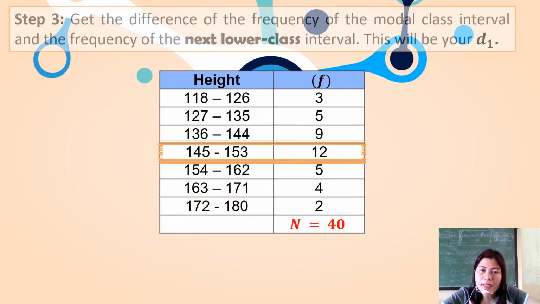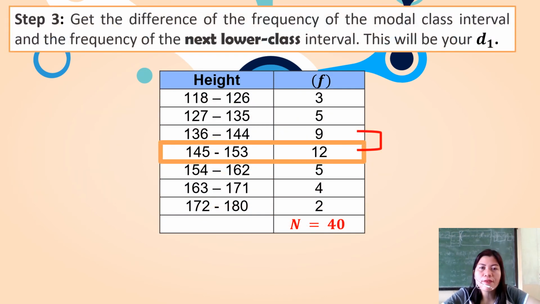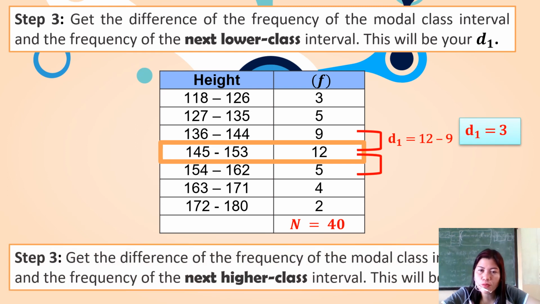So, this is now the time that we are going to get the difference of the frequency of the modal class interval and the frequency of the next lower class interval. So, this will be your D1. So, therefore, 12 minus 9, okay, that is 3. And then for the D2, 12 minus 5, that is 7. So, that is our D2.